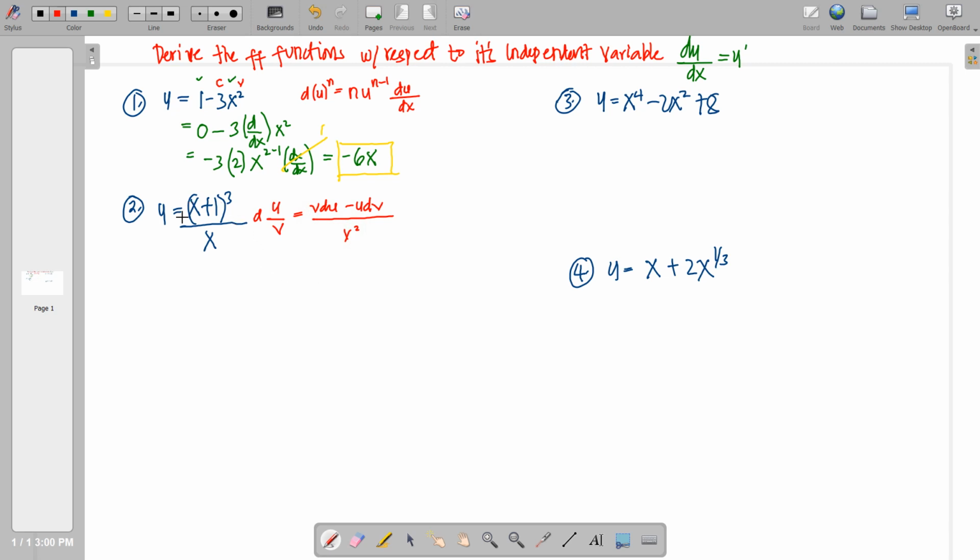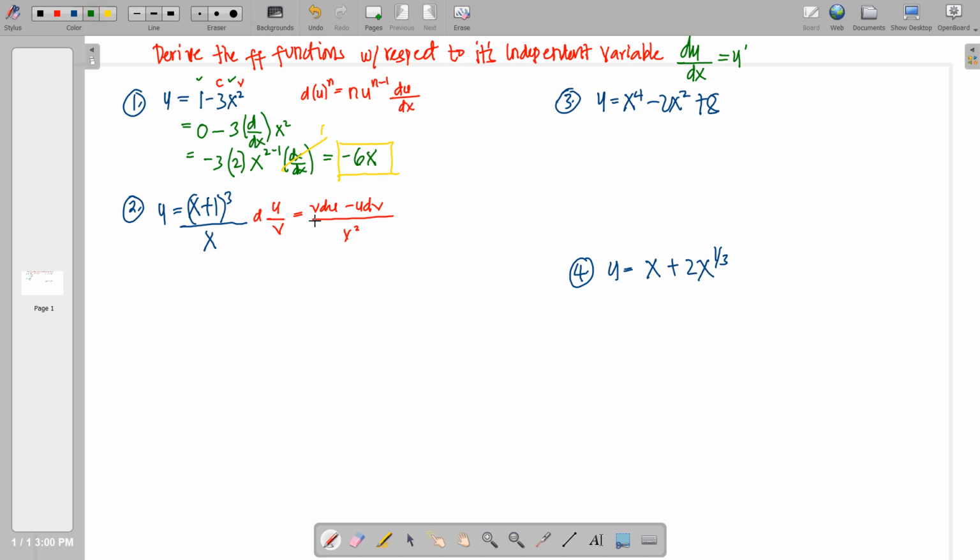So looking at the terms here, this shall serve as your u, and this shall serve as your v. So let's just follow the formula.